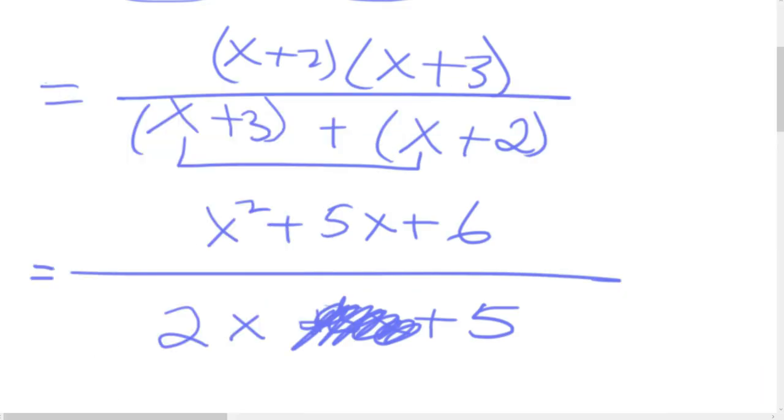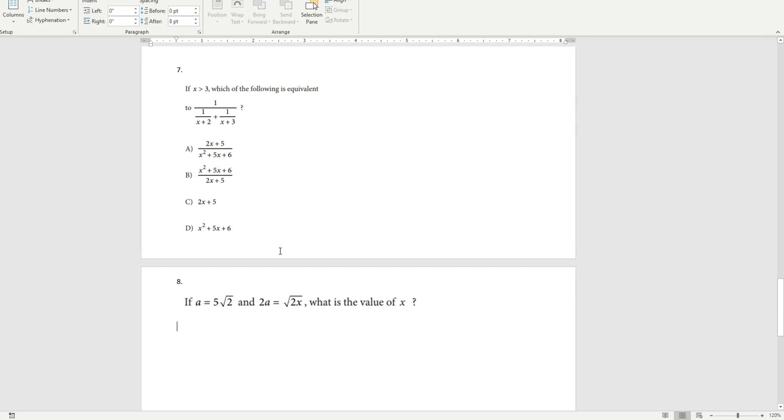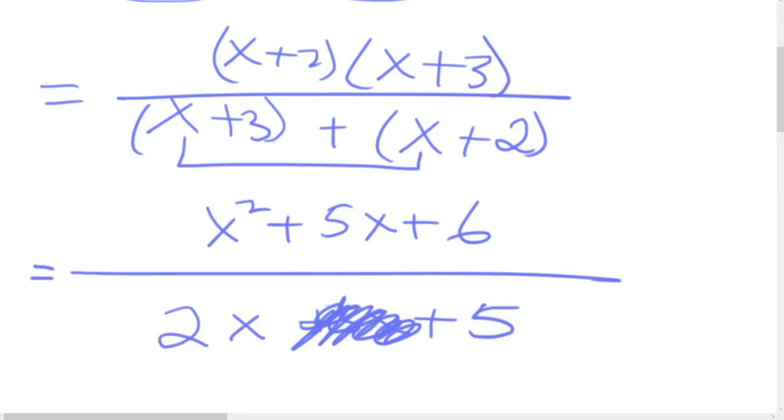Alright, last question is a root question. So I have a is equal to 5 square root of 2 and 2a is equal to square root of 2x. Alright, what's the value of x? What is x?